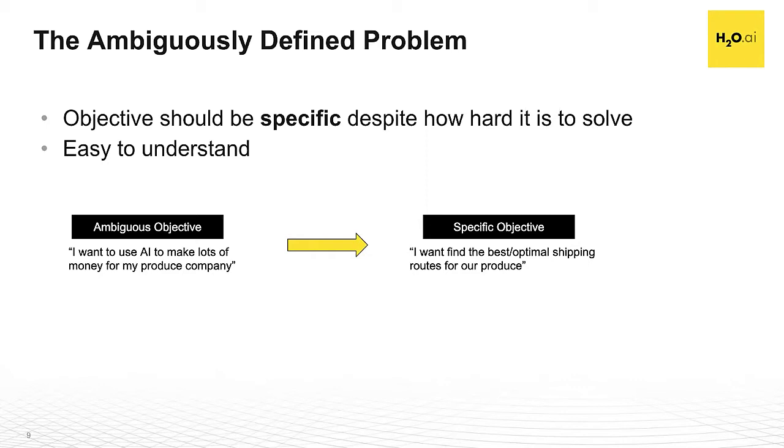So in this instance, if you want to find the optimal shipping route for your company, and reintroduce the Hortifruit example, we want to find the best or optimal shipping route for blueberries so that they don't spoil. That's a very specific objective, and that's something that you can easily turn into an AI problem.